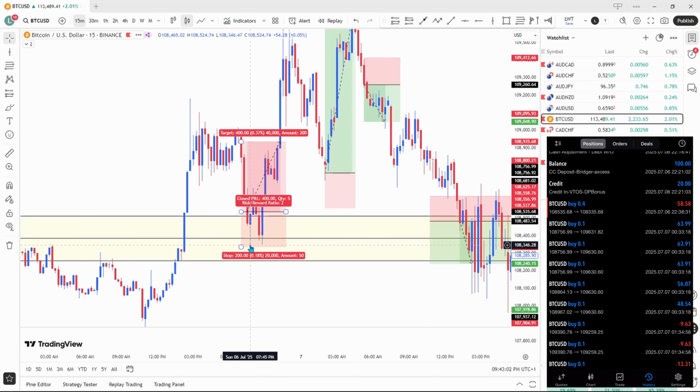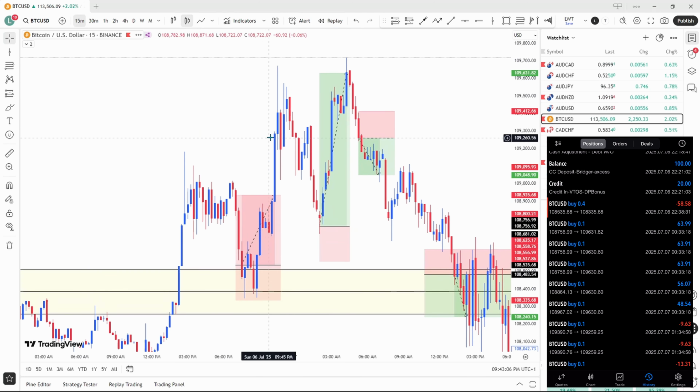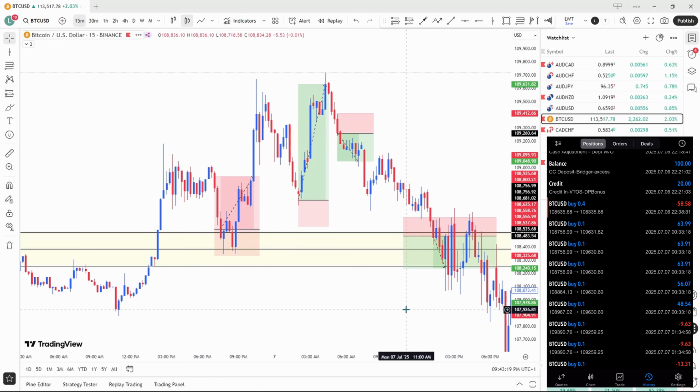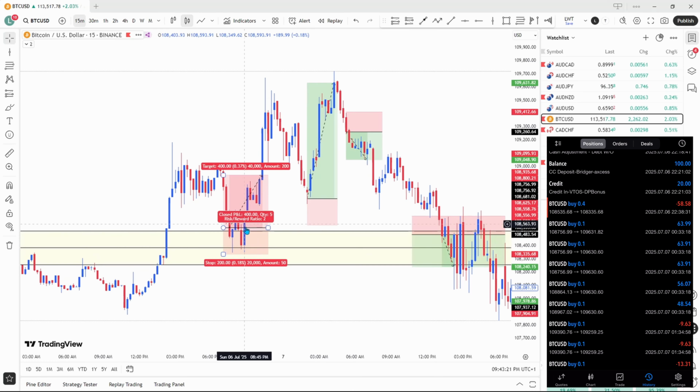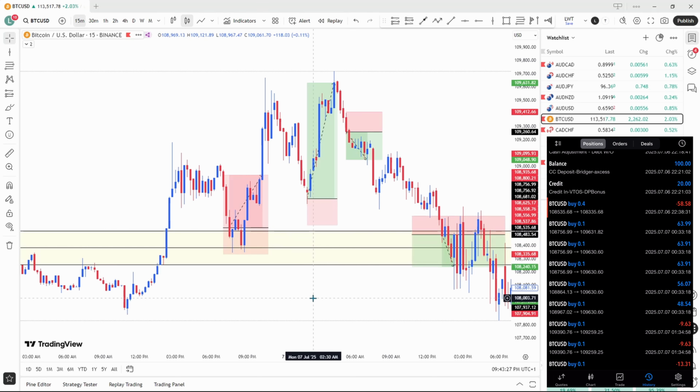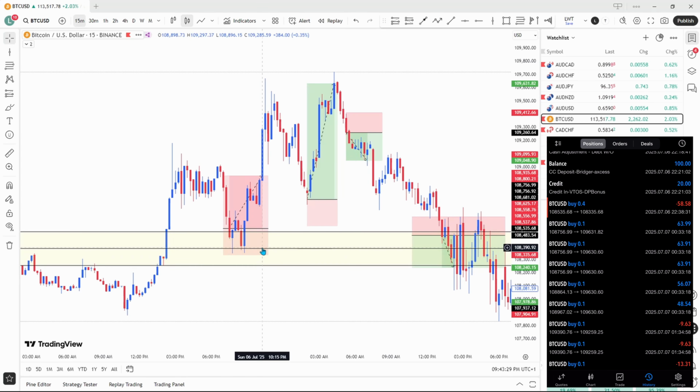I entered, literally just tapped the stop loss, and as you can see, it would have absolutely smashed the TP. I was aiming somewhere up here. I was not trying to aim for the top at this point. I just wanted to get somewhere before it, to take some profits. That one obviously was a loss to start off the week.